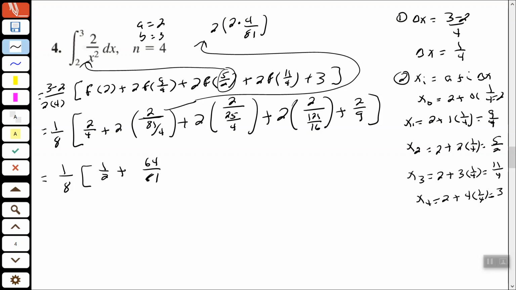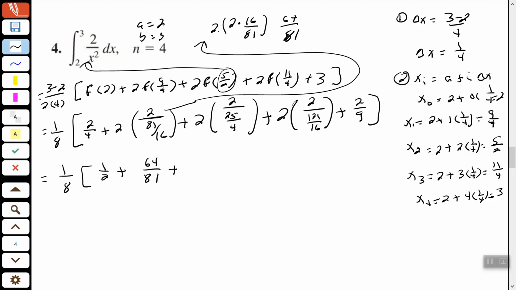And this should have been 16. Sorry about that. I knew I had to make one mistake in the video, right? So 2 times 2 is 4 times 16 is 64. So that gives us 64 over 81. So that's where that comes from.